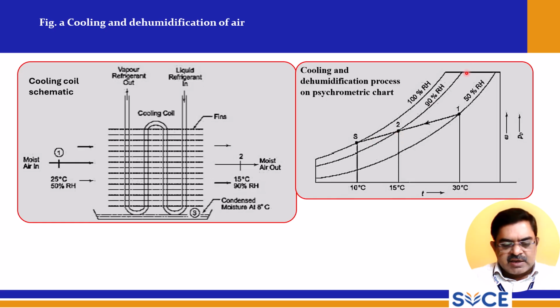This is 90% relative humidity, and this is 100% relative humidity, also known as the saturation line. This is point 1 for 50% relative humidity at 30 degrees Celsius. And now this is the cooling and dehumidification process on the psychrometric chart for the given problem.